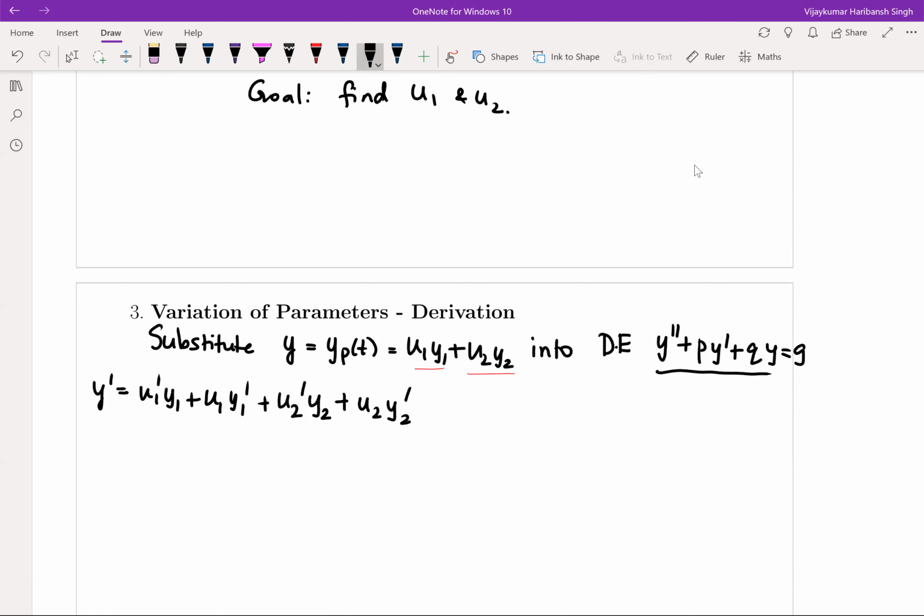Now if you rearrange slightly, you get u1 prime y1 plus u2 prime y2, plus u1 y1 prime plus u2 y2 prime.